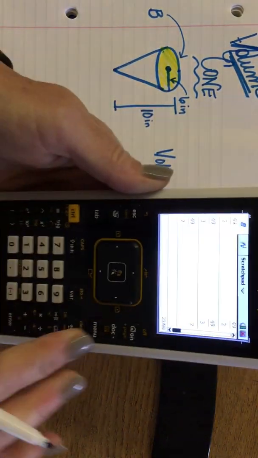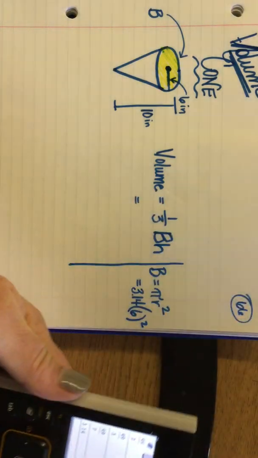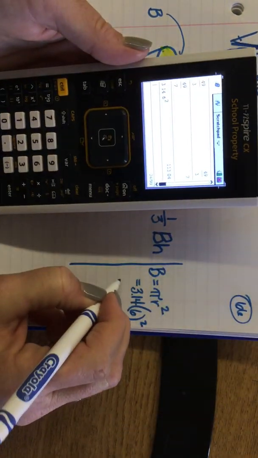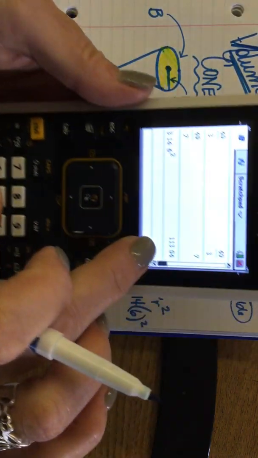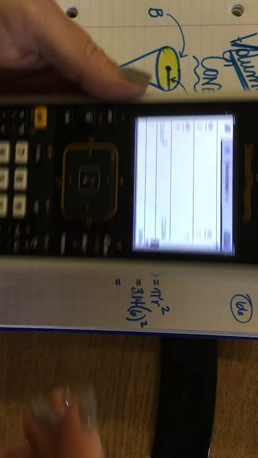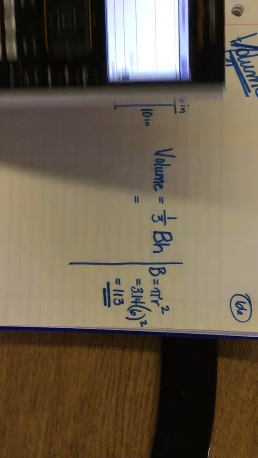I'm going to put that in my calculator, times 6 squared. For the sake of using an example, I'm going to round that. If you notice, it was 113 and 4/100ths, and I'm just going to make that 113. So I did round that.